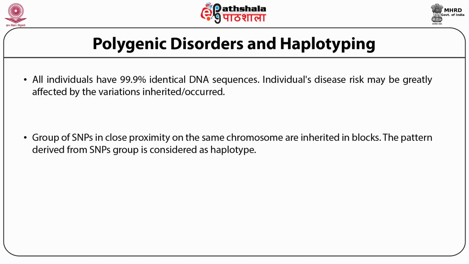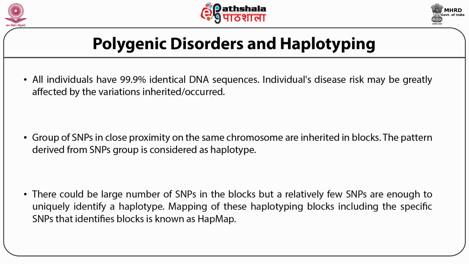The pattern derived from an SNP group is considered a haplotype. There could be a large number of SNPs in the blocks, but relatively few SNPs are enough to uniquely identify a haplotype. Mapping of these haplotype blocks, including the specific SNPs that identify blocks, is known as HapMap.